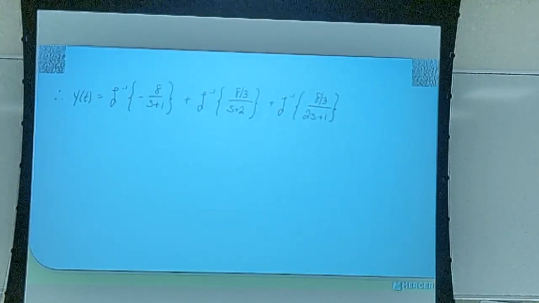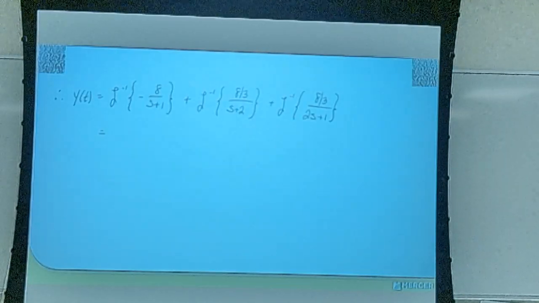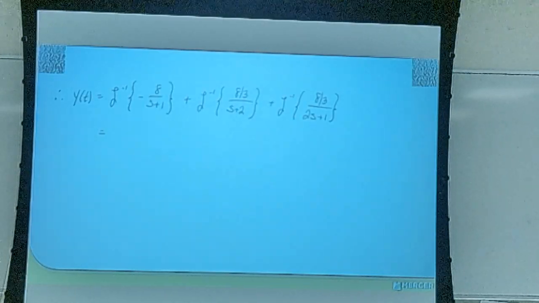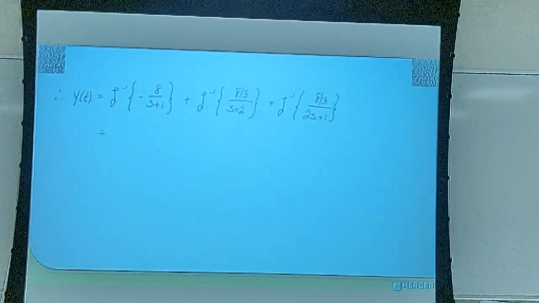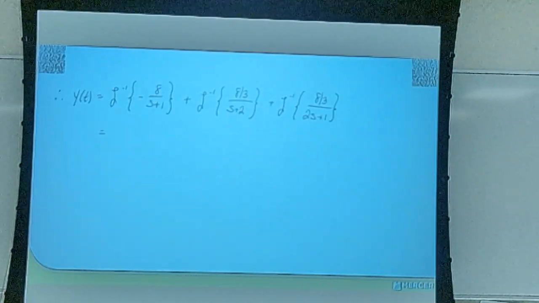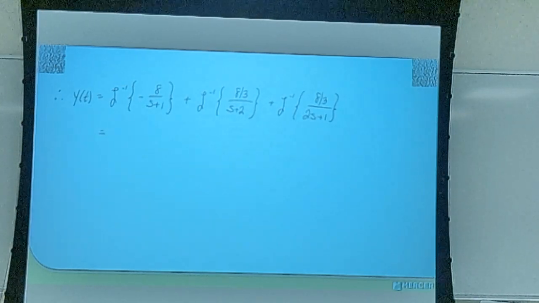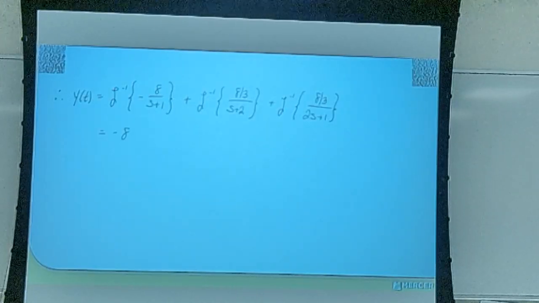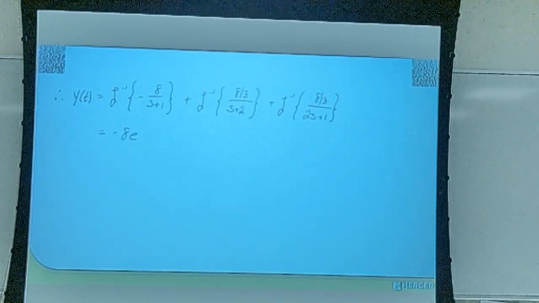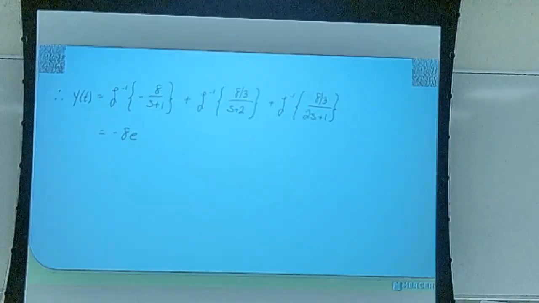What's the first one? e times e. Negative 8. Negative 8. I agree, it should be e to something negative t.